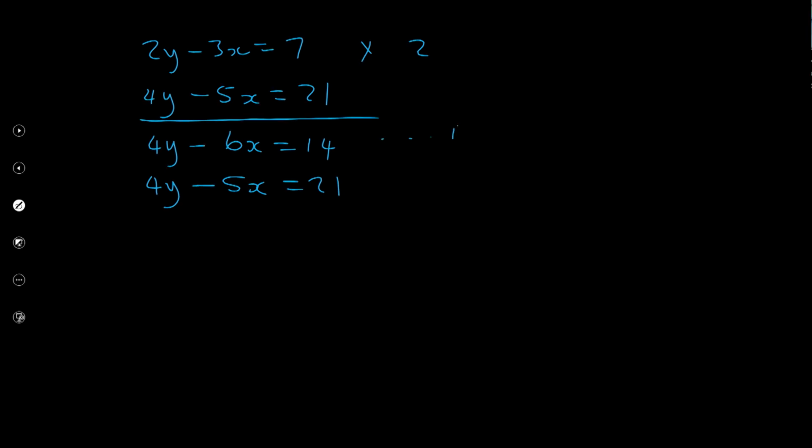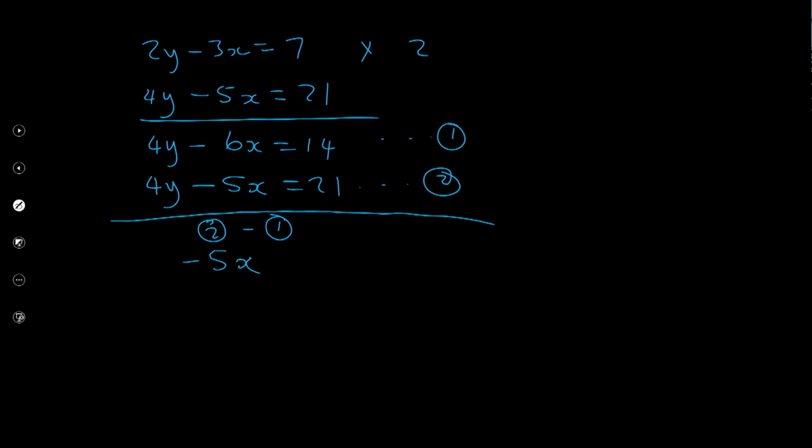Then this is my equation 1, this is my equation 2. Now I will communicate and say I'm subtracting. Remember I said always take the one with bigger numbers, right? So I'll just say equation 2 minus equation 1. 4y minus 4y is 0, minus 5x minus that. So let me just write it for people like myself who are still trying to understand this.